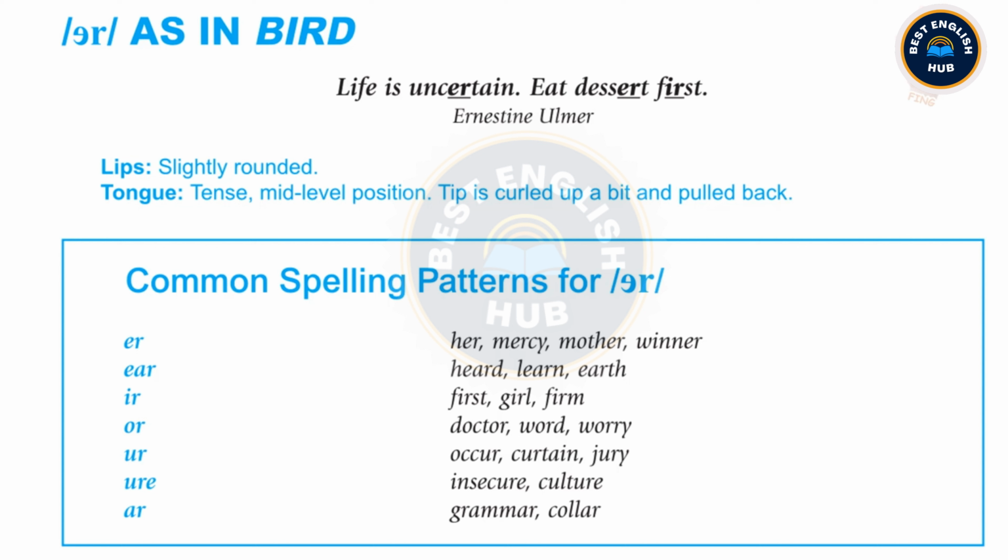Common spelling patterns for this sound include ER, as in her, mercy, mother, winner; EAR, as in heard, learn, earth; IR, as in first, girl, firm; OR, as in doctor, word, worry; UR, as in occur, curtain, jury; URE, as in insecure, culture; and AR, as in grammar and collar.